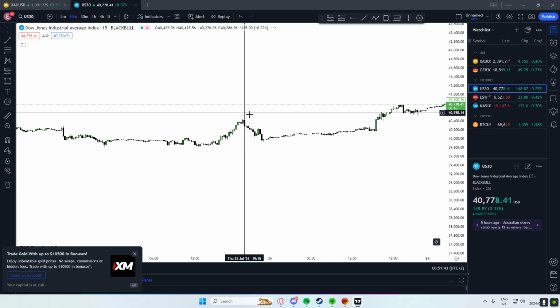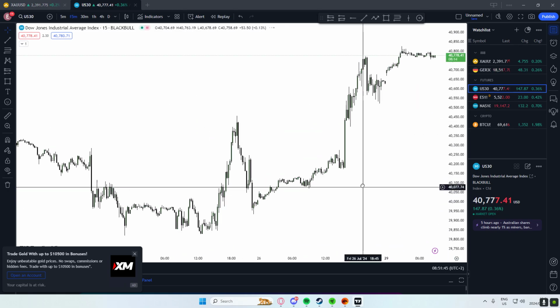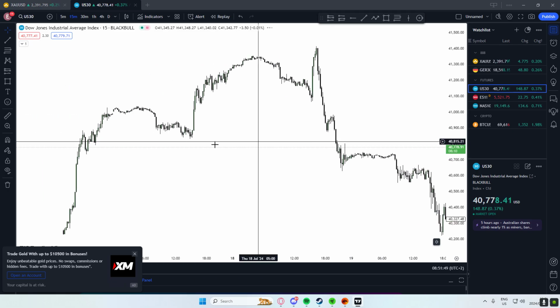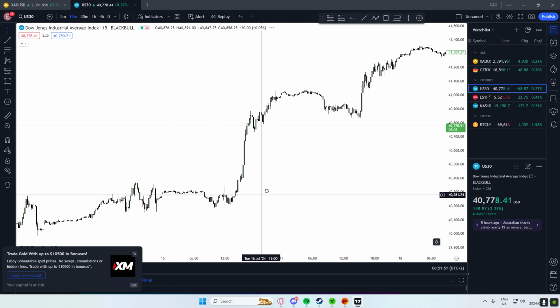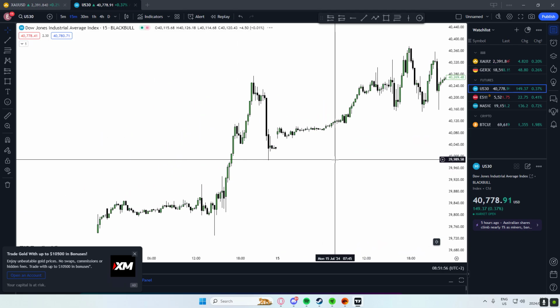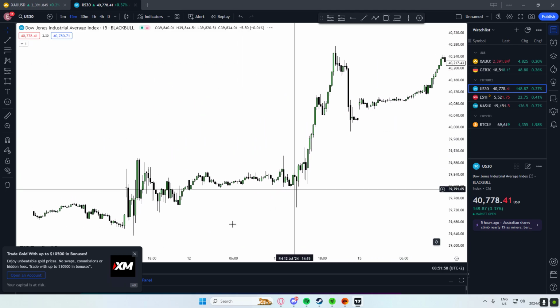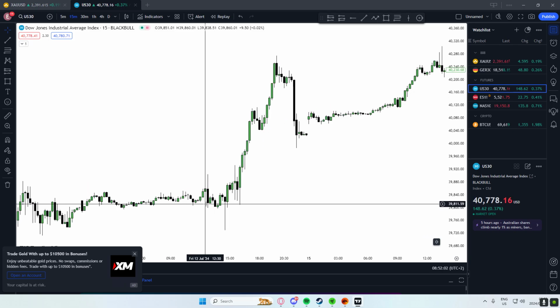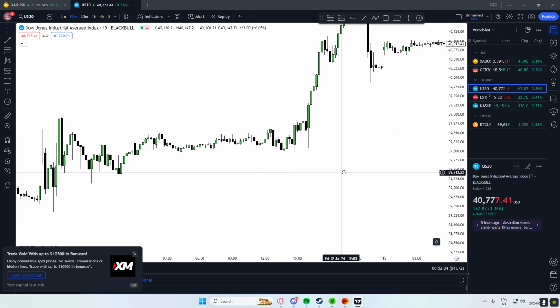Let's go into the 15-minute with USD. Let's go back into a random point of the market. Let's see an example. Okay, here we go. Here's a nice example.